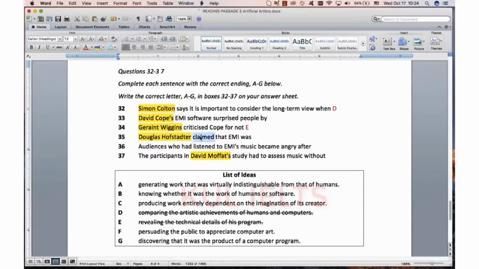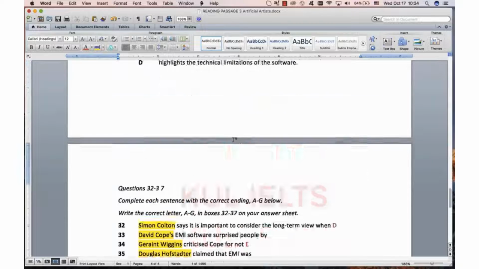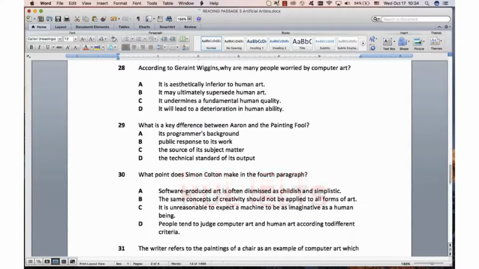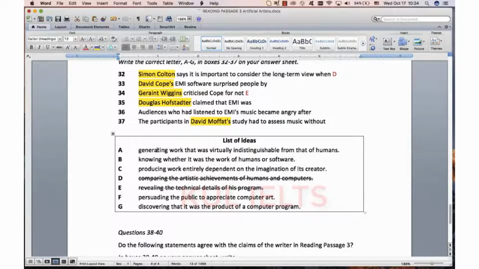He claimed that EMI was. What did he say about EMI? Said that it created replicas which rely completely on the original artist's creativity. Again, this program created replicas which rely completely on the original artist's creativity. Created, generated, yes.